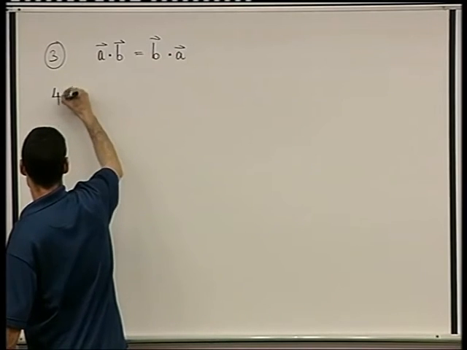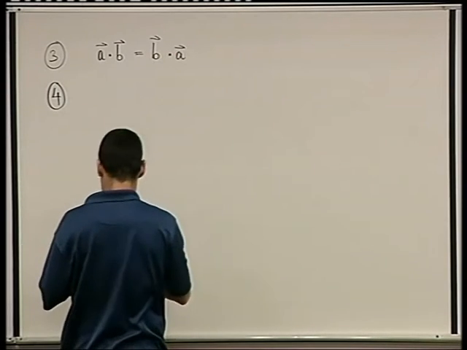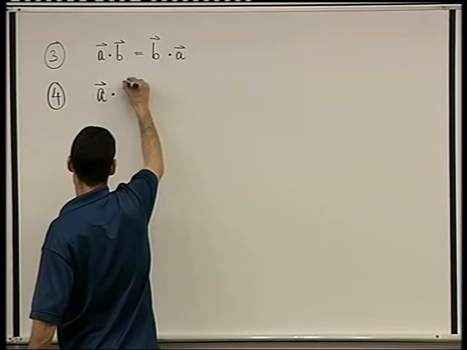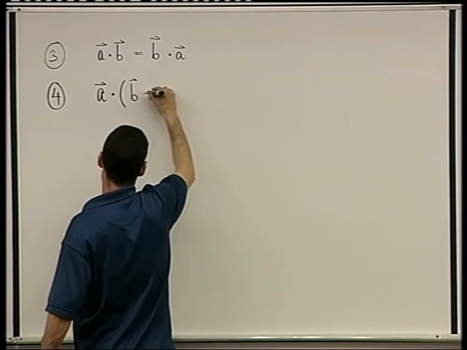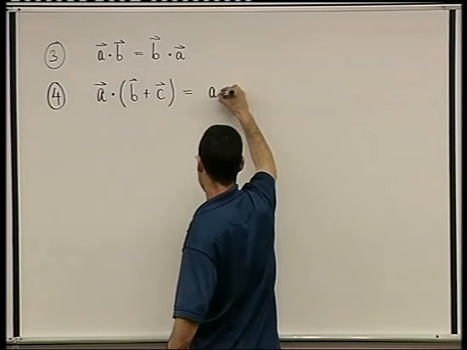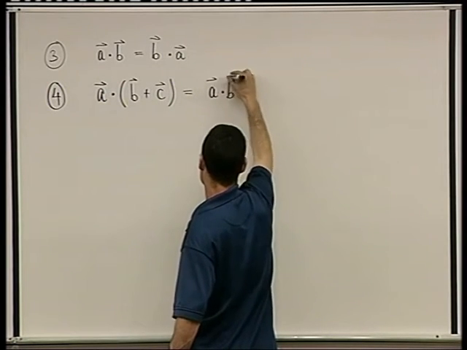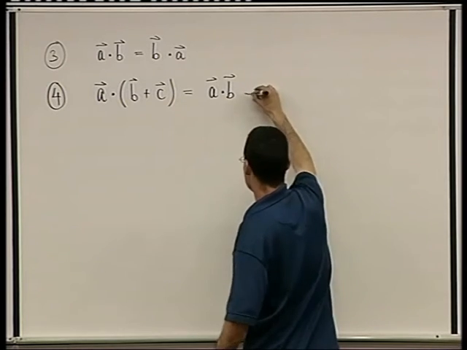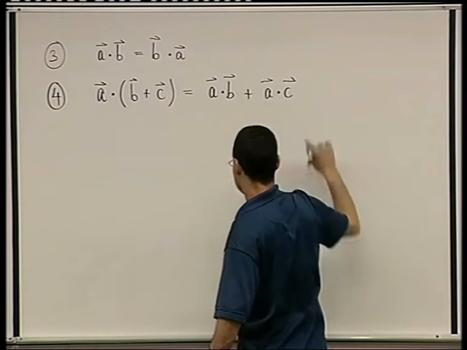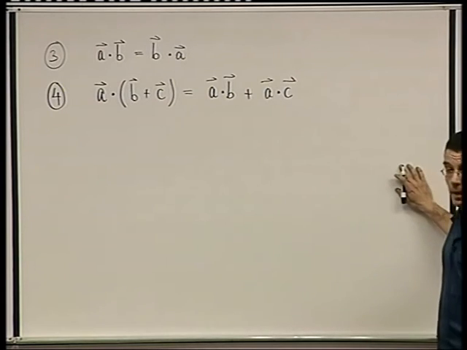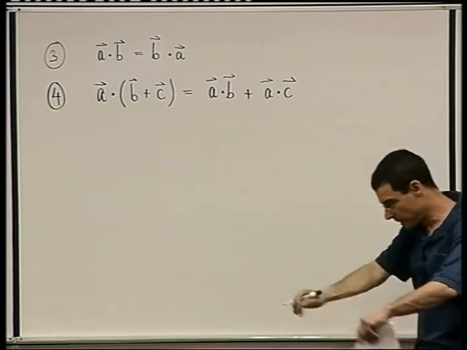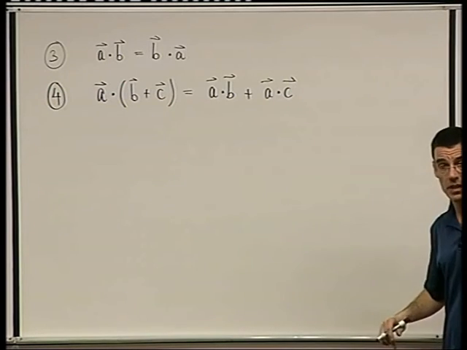Number 4, more properties. Distributivity with respect to vector addition. A dot (B plus C) equals A dot B plus A dot C. This requires proof, and the proof is not something you just quickly write down.